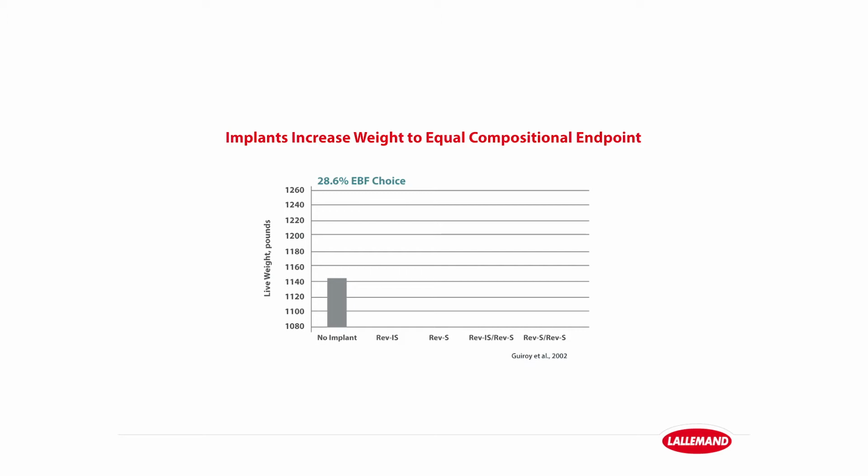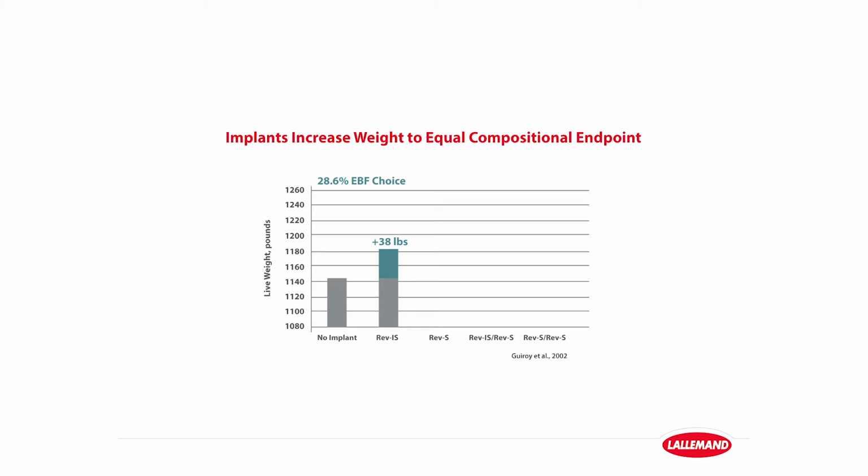If you gave that animal one, kind of a low-dose intermediate implant, Revelor IS, it would need to weigh 38 more pounds to reach the same compositional endpoint. So these animals are at the same percentage empty body fat, and they're the same compositionally. The implanted animal had to be fed longer, for more days to a heavier weight, to reach the same composition.